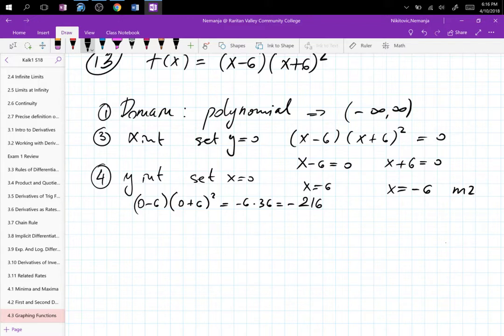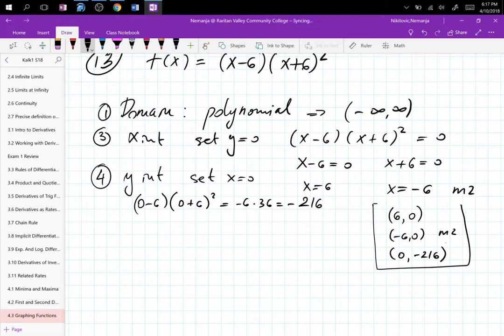So these are the points I have so far. I have (6, 0) as an x-intercept, (negative 6, 0) with multiplicity 2, and I have (0, negative 216). These are some of the points that are important so far.